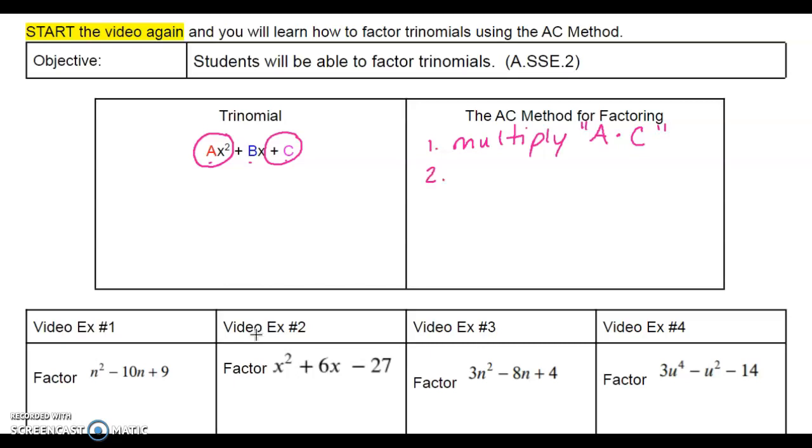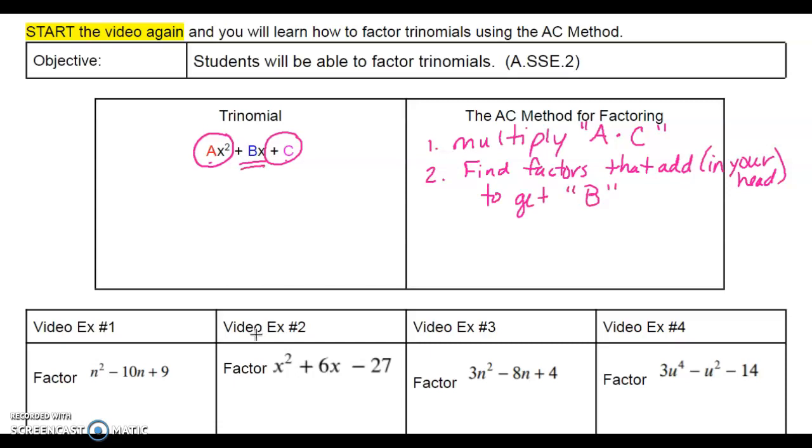Next, we are going to find the factors that add, and this is going to be done in your head, to get B. Okay, so B is in the middle. Step 3 is you're going to actually rewrite the problem.